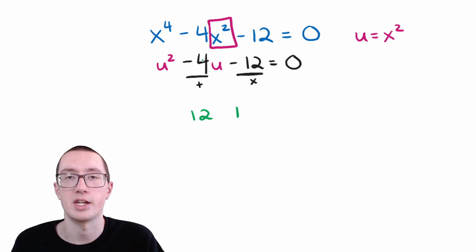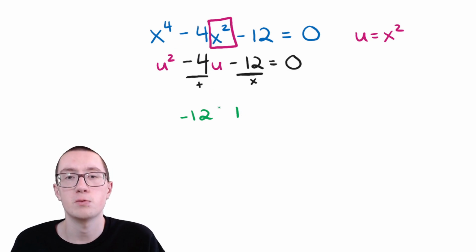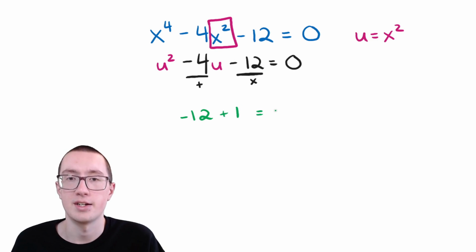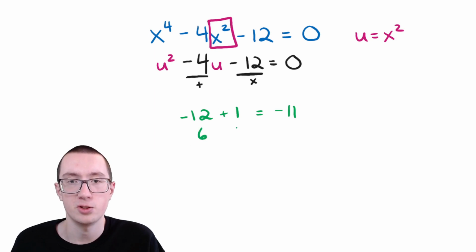It's going to add up to a negative number, which means the bigger number is the one that needs to be negative. Because if we put the negative sign on the smaller number, then when we add these up, we're going to get a positive number, and we're trying to get -4. So -12 times 1 makes -12, and if we add them together, we get -11. We're looking for -4. That's not what we're looking for, so that's out the window. But you can also get 12 by multiplying 6 and 2.